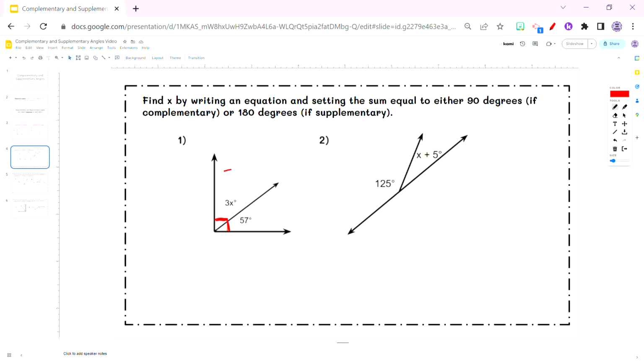All right, so this angle plus this angle will add up to 90 degrees because they are complementary. Think of it like complementary is kind of like a corner, complementary corner. All right, so we're going to make them equal to 90 degrees. So our first angle is 3x, our second angle is 57, and we're making them equal to 90 degrees because they are complementary angles.